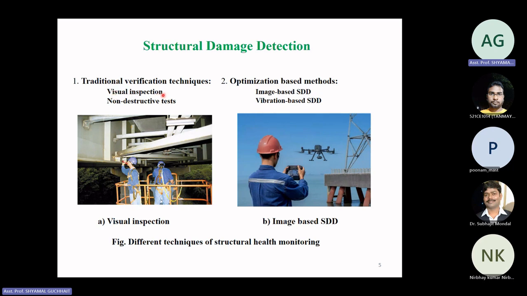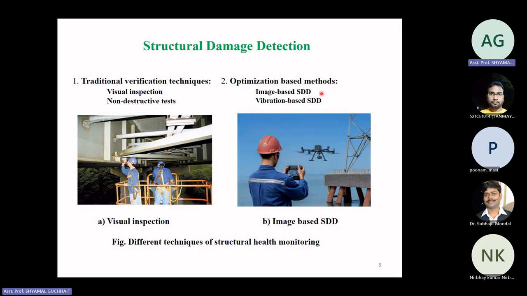One is visual inspection and another is non-destructive test. In this figure we can see surveyors performing visual inspection on a steel structure. After the visual inspection, the next step is the non-destructive test, performing NDT testing on the structures to find out the degraded behavior of a structure. The next is the optimization-based method.